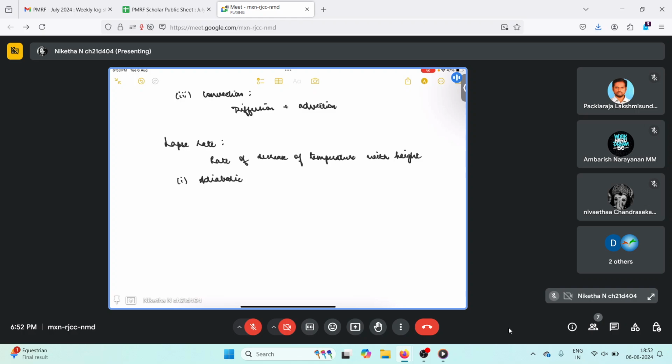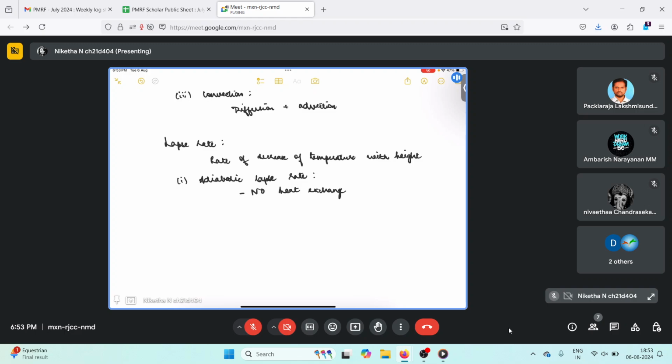The first one is the adiabatic lapse rate. Adiabatic lapse rate is the lapse rate of a parcel of air which does not exchange any heat with the environment. So there is no heat exchange, and adiabatic conditions are maintained.